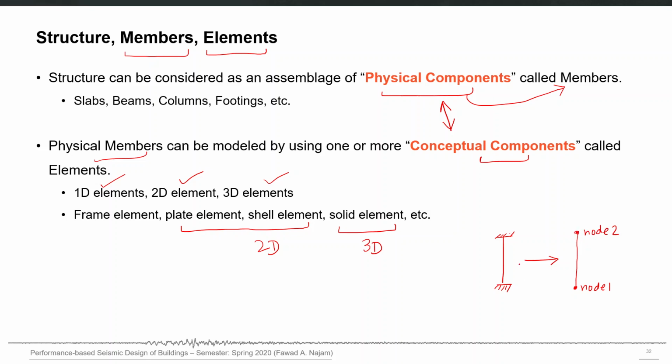So now there is a direct one-to-one correspondence between a physical component, which is a column, and a frame element. So please note this difference: this is a member and this is an element. I will use the word element for finite elements and member for physical parts of a structure.